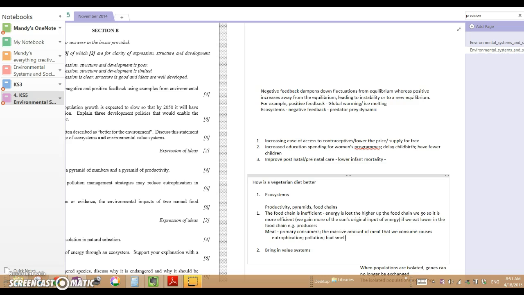bad smell. And here I can start linking in my value systems, okay? So aesthetically, bad smells are undesirable for a healthy, beautiful environment.